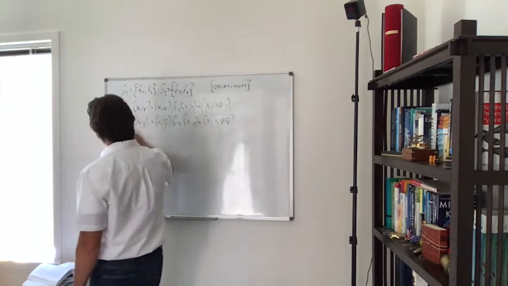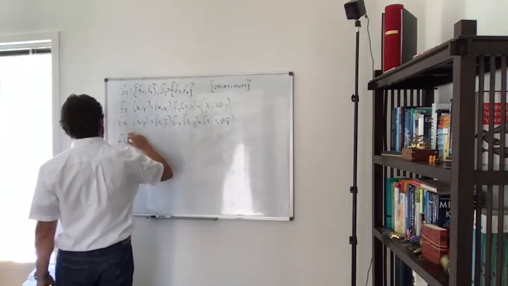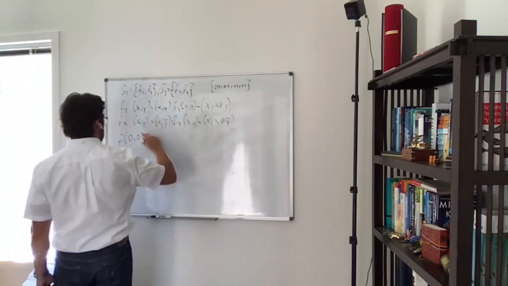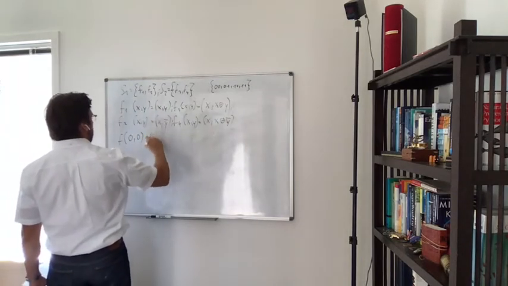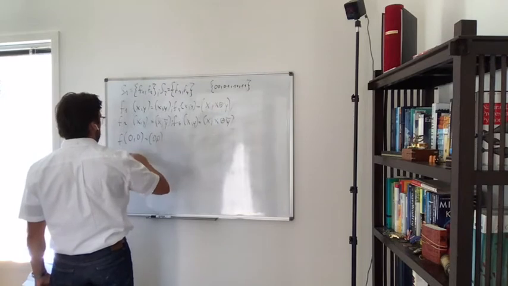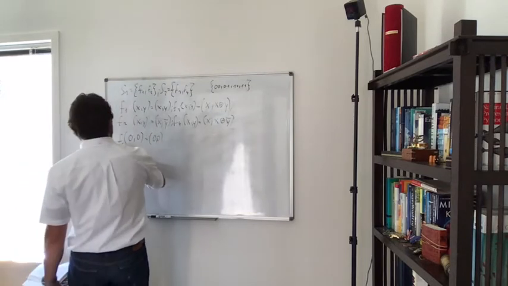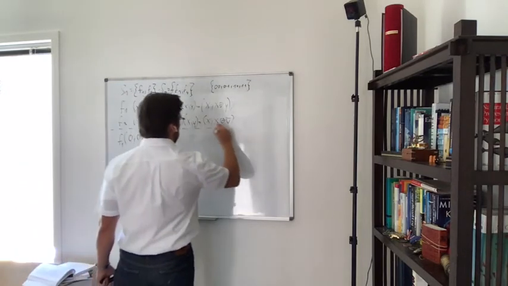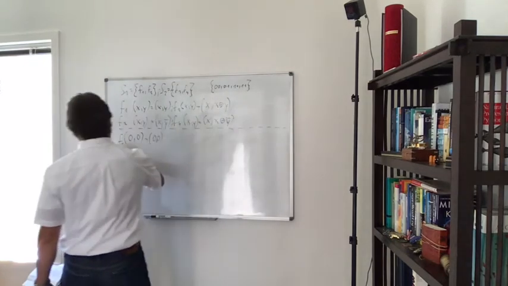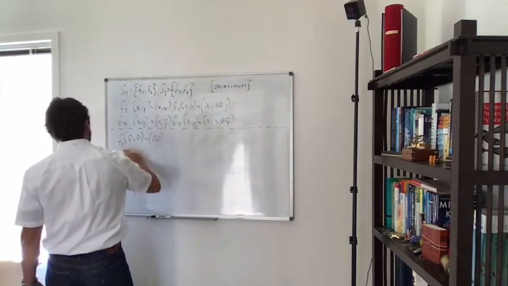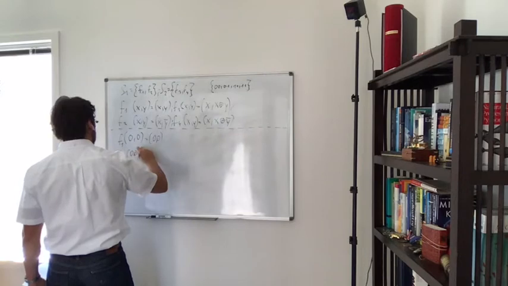Let's look at f1 of 0, 0. So we look at that, the result will be 0, 0. Then we look at function 2, given 0, 0.